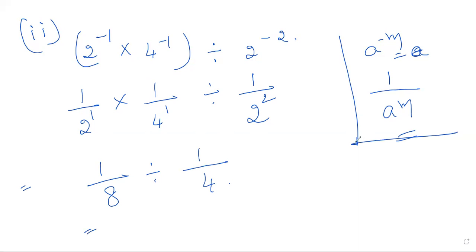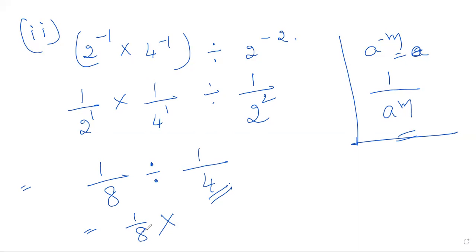All of you know fraction division, right now children? See, first fraction as it is, we have to change the sign in division. Change this division symbol into multiplication sign. After changing the sign, you have to take the reciprocal of second fraction.